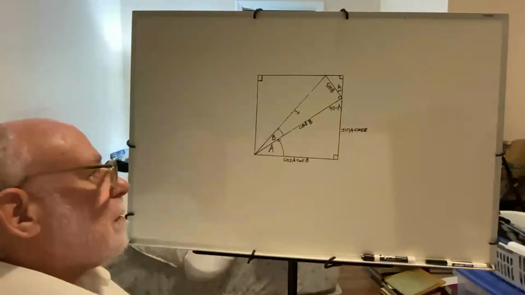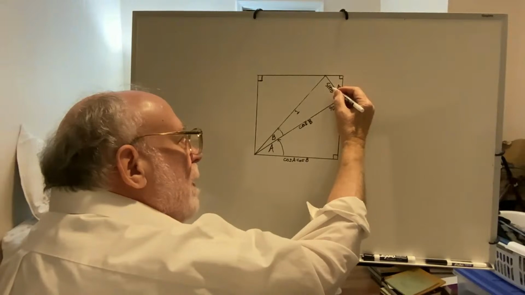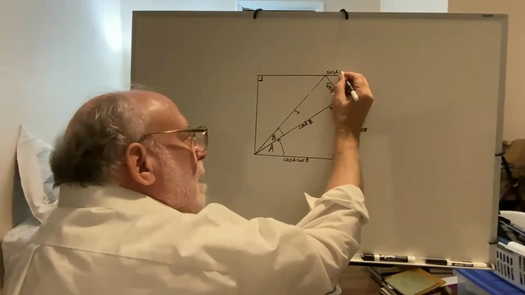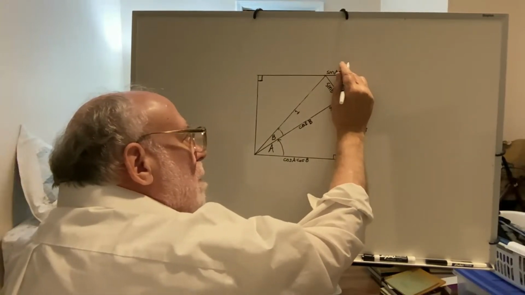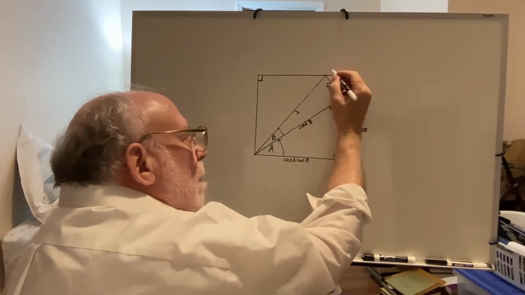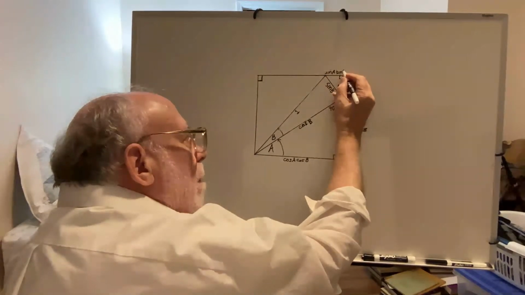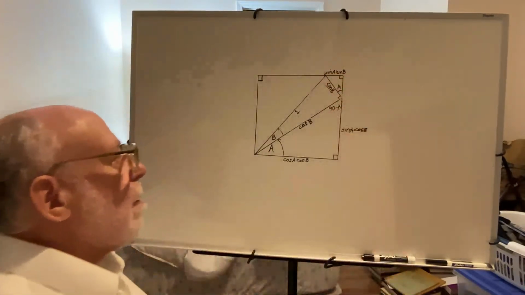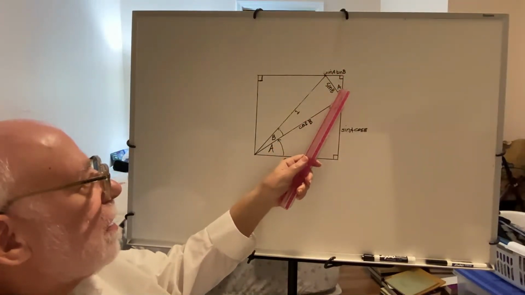Now, if the hypotenuse of this little triangle on the upper right is sine of B, this must be sine A sine B, because opposite over hypotenuse has to give you the sine.